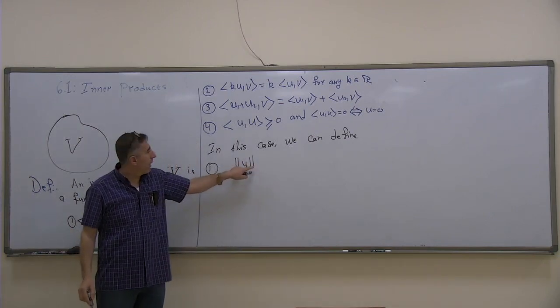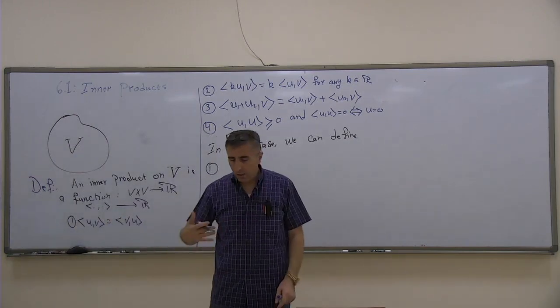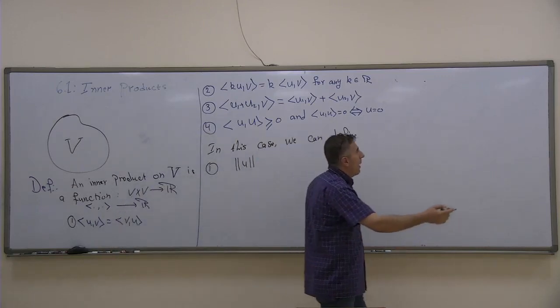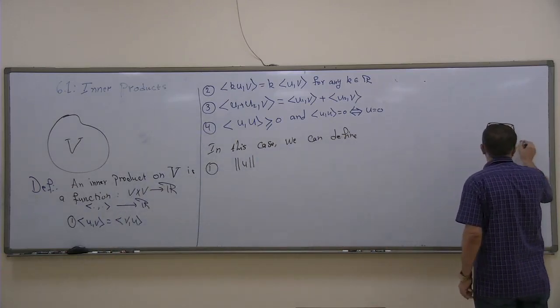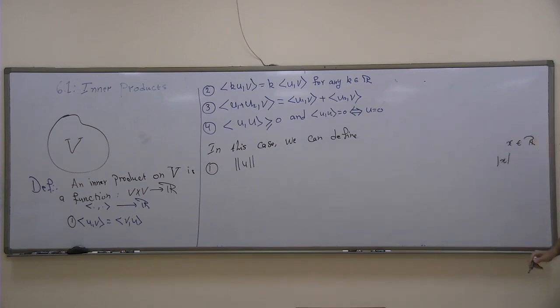So this is like in your school math when you talk about the absolute value. When you talk about x belonging to R and you talk about the absolute value of x, what do you mean by that? You mean the distance between x and 0, or the length of x.